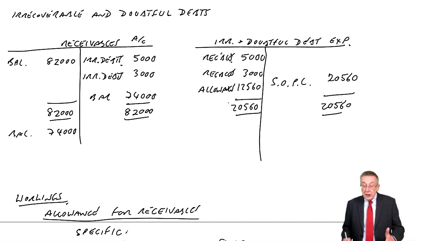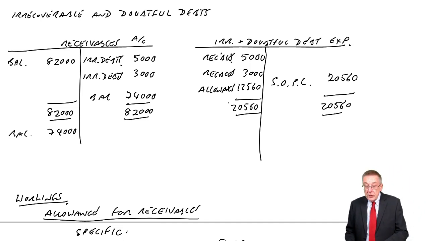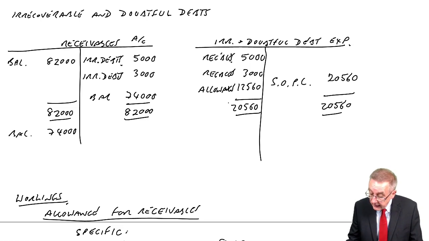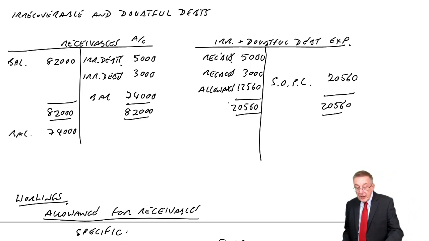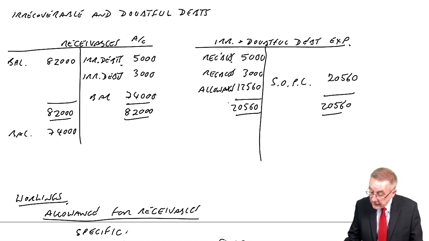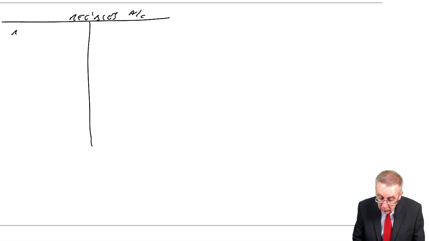However, because we're doing the following year, to avoid confusion, let me open up the T accounts again. At the end of the first year, we left a balance on receivables of 74,000. So we start the second year. There's a balance brought forward, a debit of 74,000.